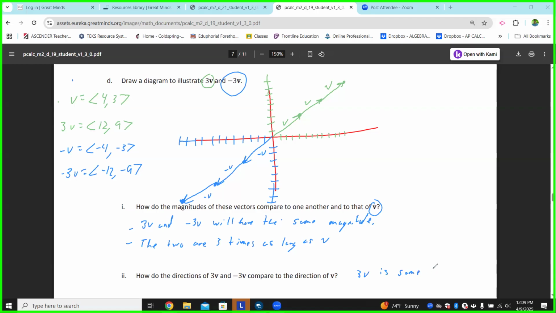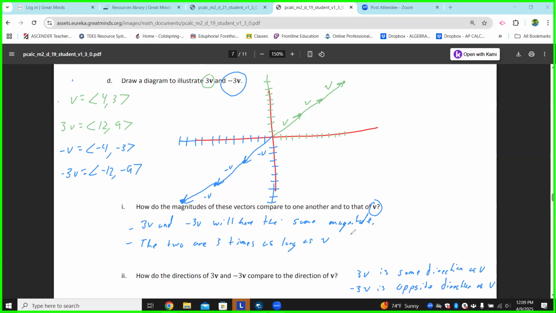It's just longer, but it's still going in the same direction as V. What about -3V? Is it the same direction? It's the opposite direction this time. Any other questions there? Is there more on that?